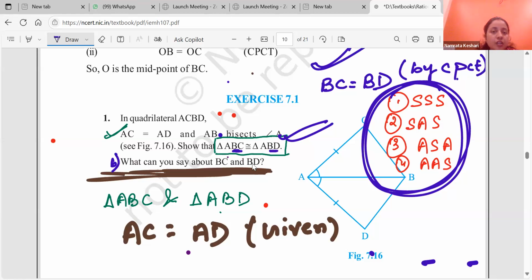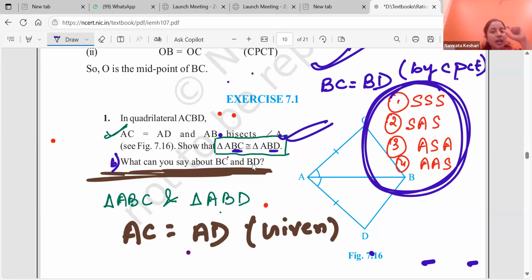Yes, ma'am. So we don't have to make the list of all the corresponding part which will be equal. Whatever is required, whatever is asked in the question, only that one we will write, that these two will be equal. But in our mind still we are clear. The moment we are saying ABC and ABD are congruent, that means AB same, BC BD same, AC AD same.